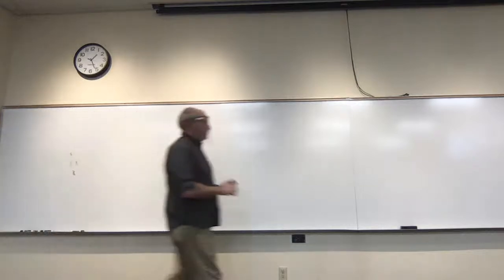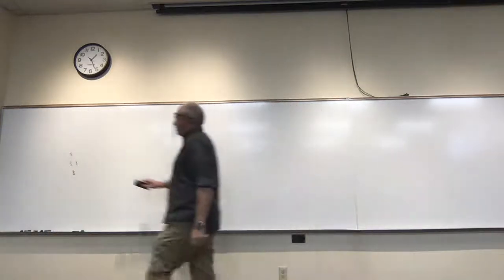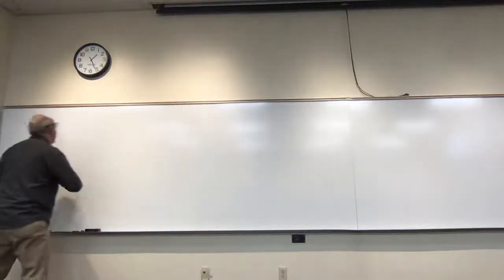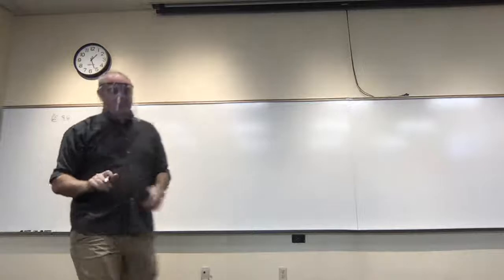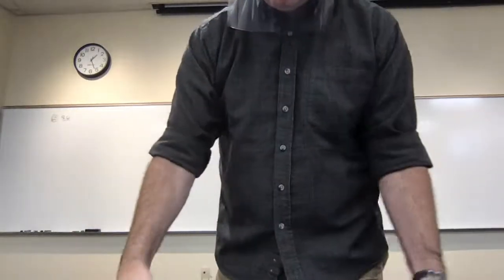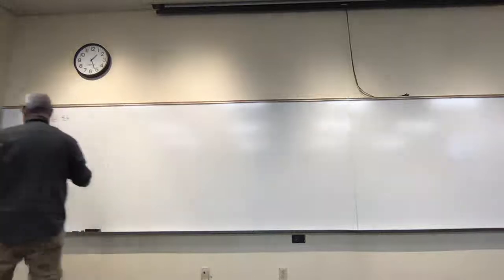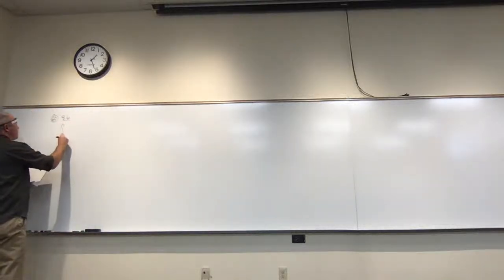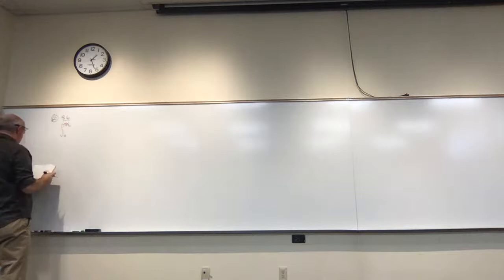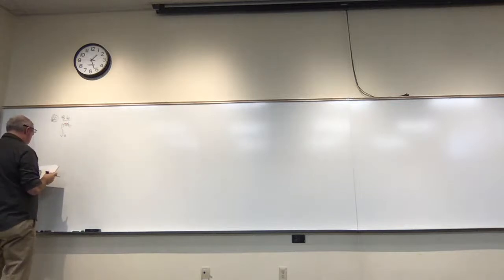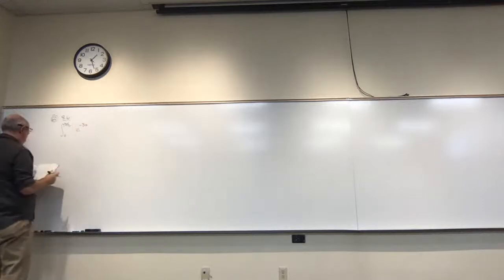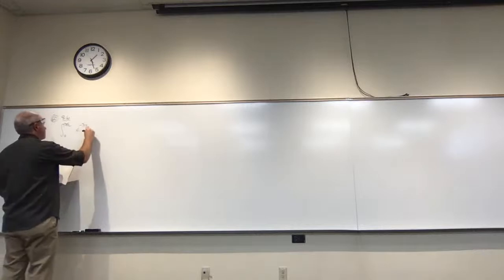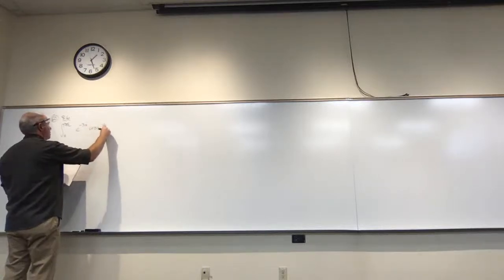So this is number 60 in 8.6. It says the integral from 0 to pi over 2 of e to the negative 3x cosine of x dx.